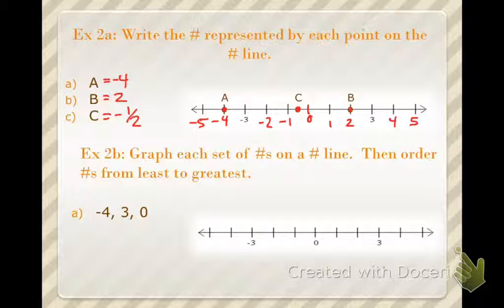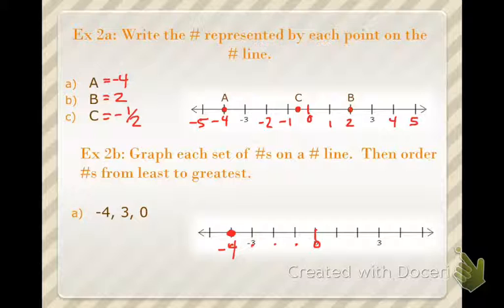All right, example 2. Graph each set of numbers on the number line. Then order the numbers from least to greatest. So we have negative 4. Here's 0 again, and I'm going to count them: 1, 2, 3, negative 3, negative 4. So this would be negative 4.